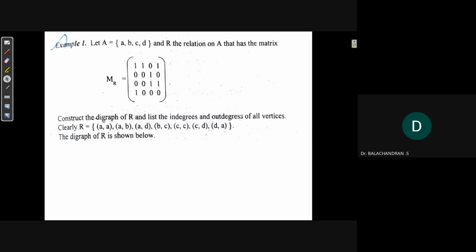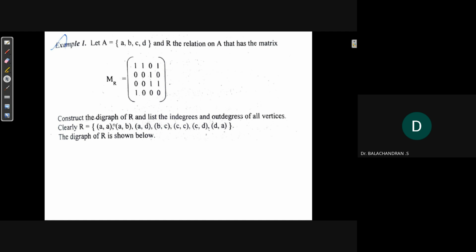Construct the digraph, meaning the directed graph of R, and list the in-degree and out-degree of all vertices. You can write this side also A, B, C, D, and this side also A, B, C, D. So here 1 means (A, A), this position. This is (A, B). This is (A, D). Similarly, this is (B, C). Similarly, you can write the relation.